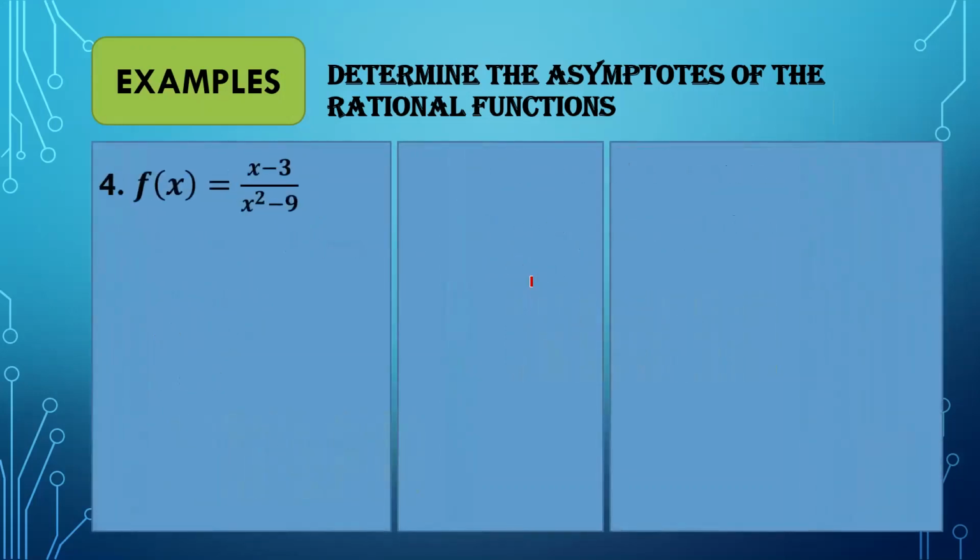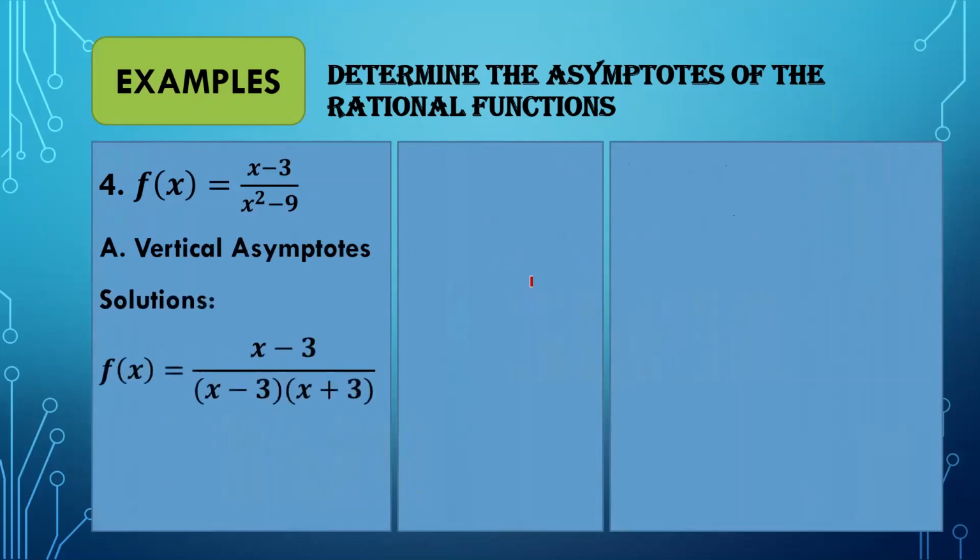So next, number 4. f of x is equal to x minus 3 all over x squared minus 9. So what will be the vertical asymptote? We have the solution. Here, x minus 3 all over x squared minus 9 can be reduced to lowest terms because the factor of x squared minus 9 is x minus 3 times x plus 3.